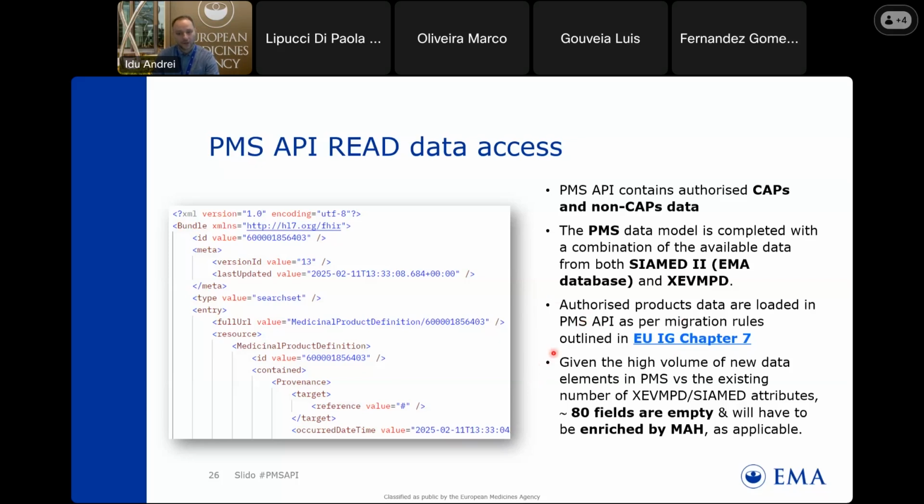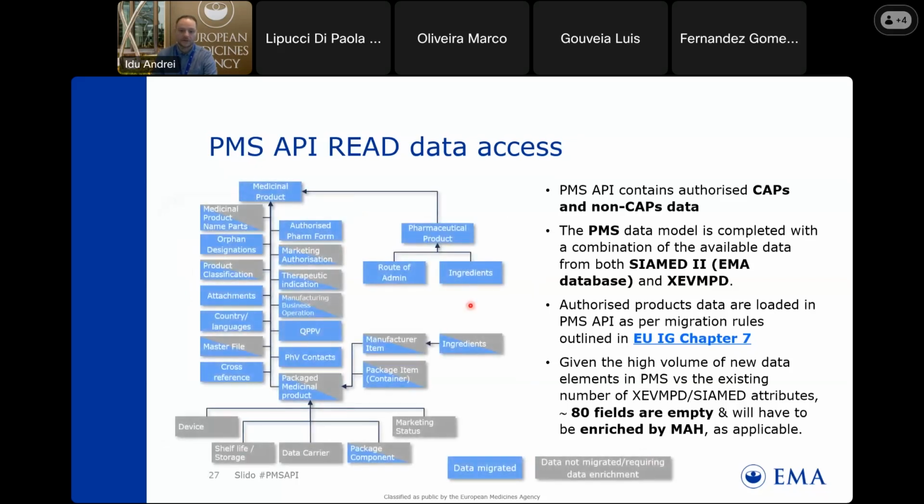Taking that into account, with SIAMED and XCV-MPD data we're not able to cover the entire data model as defined by the PMS implementation guide. So we expect that a large volume of the fields will still need to be enriched by marketing authorization holders. Here's a high-level overview of the entities and which ones we were able to load data for from SIAMED and XCV-MPD, and for which we are still missing data.